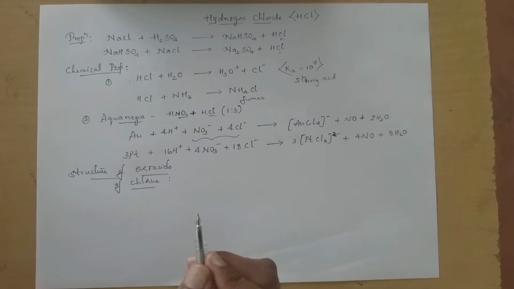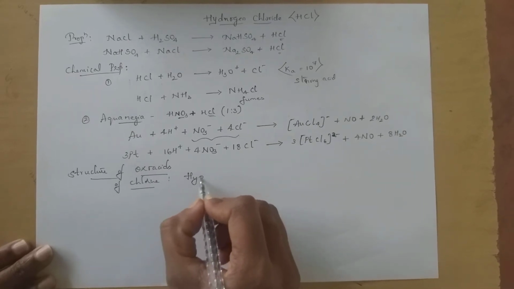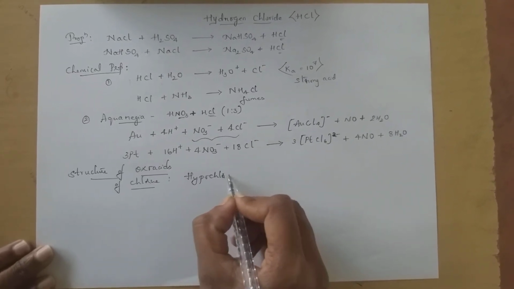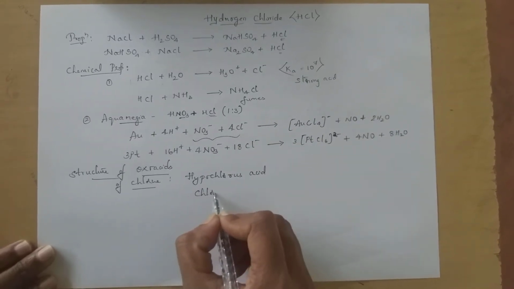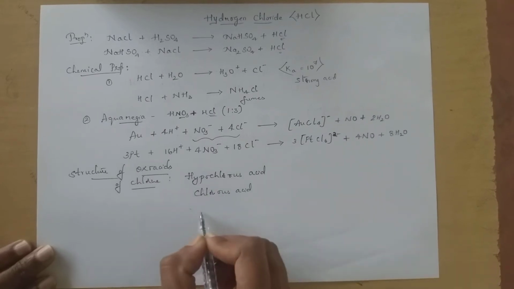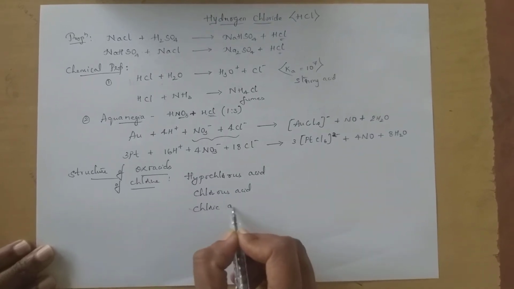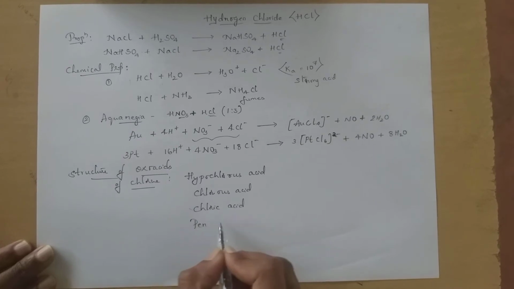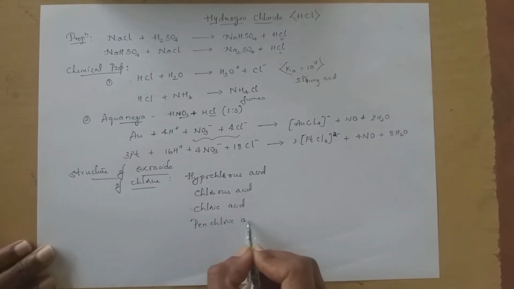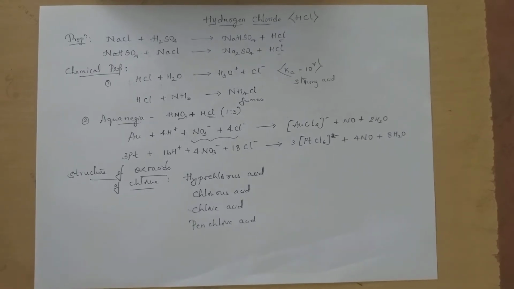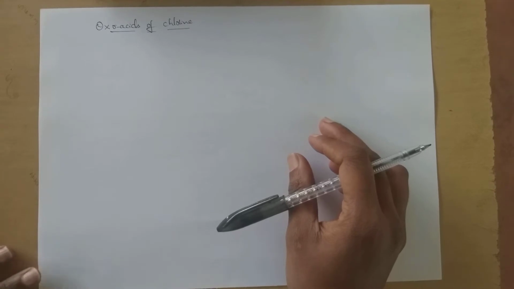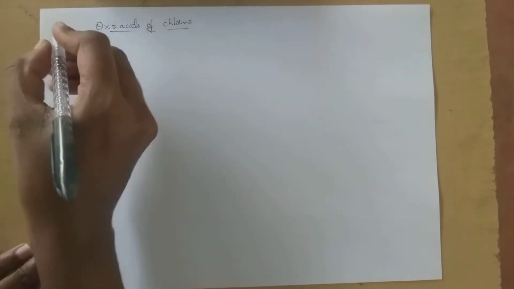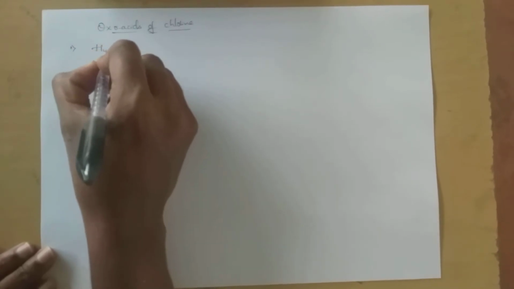So we have 4 major oxoacids, that is hypochlorous acid, chlorous acid, chloric acid and perchloric acid. So these 4 are the oxoacids of chlorine. So coming to the structure of these oxoacids of chlorine, firstly we have hypochlorous acid.